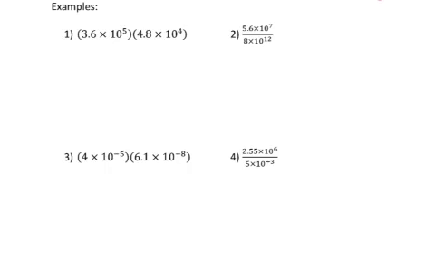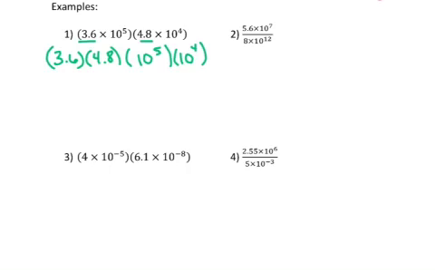So what we're going to do is use the commutative property, and multiply the first factors together, 3.6 times 4.8, and then multiply 10 to the 5th times 10 to the 4th. So that's the exact same problem, I just used the commutative property.